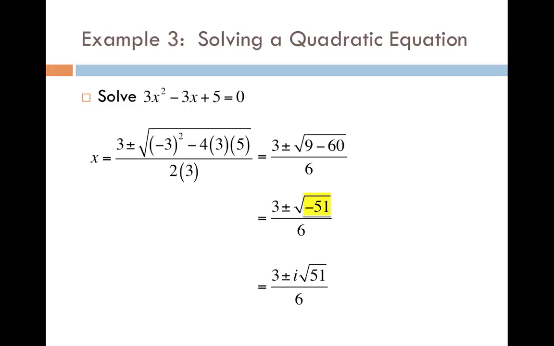I am not, however, that concerned about that. If you just want to leave it as 3 plus or minus i square root of 51 over 6, that's fine. But you do need to make sure you deal with the negative 51 by bringing the i out in front. Okay?